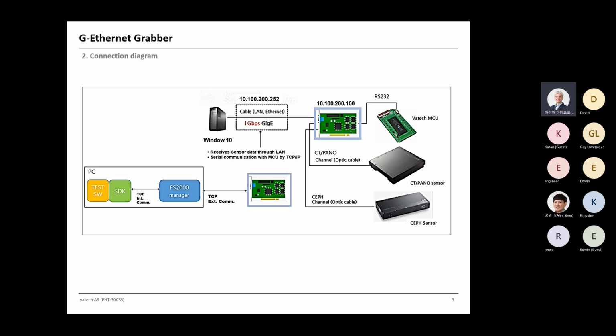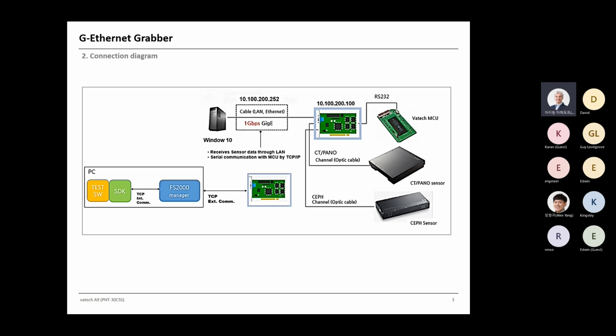And the connection, as I explained to you, is pretty much like this. You have this Ethernet card itself, which is connected to the VATECH MCU using the Ethernet cable. It's connected to the Windows 10 PC, and the cable both receives sensor data through this card, the external LAN cable, and does the communication with the MCU by TCP/IP.